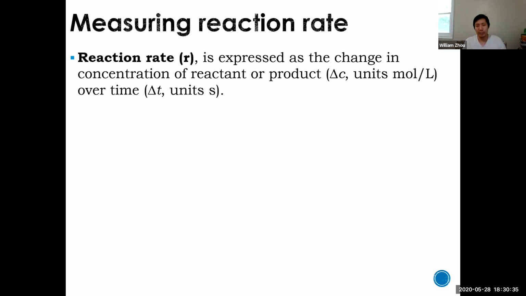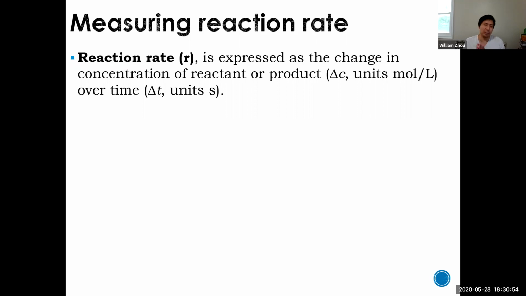Now, let's talk about the mathematical portion of this. Reaction rate, we use the letter R to represent reaction rate, which makes sense because it starts with R. This is expressed as the change in concentration of either reactant or product, it doesn't matter, delta C, okay?